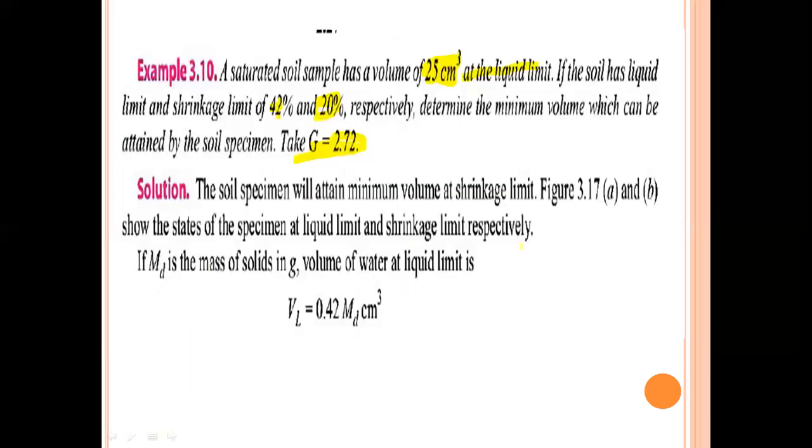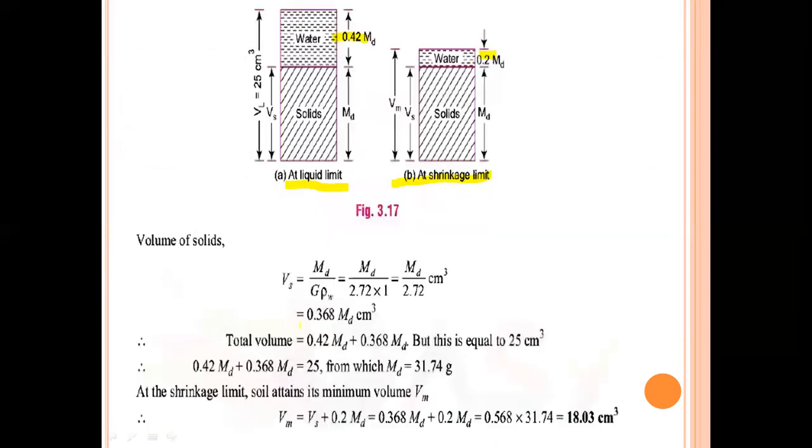So in these figures A and B, it shows the specimen at liquid limit and shrinkage limit. If md is the mass of solids in grams and volume of water at the liquid limit, so VL equal to 42 md in centimeter cube. In these figures, total VL is 25 centimeter cube.